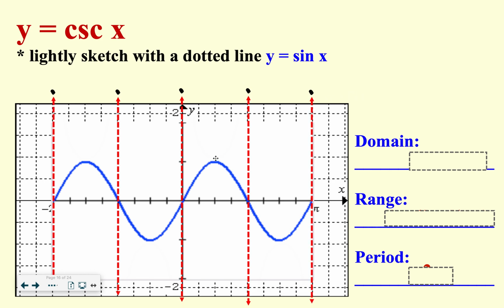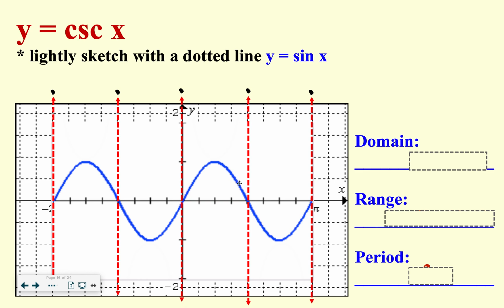Now, all you need to do is find the peaks. So all of these max and mins, if you take that and you reciprocal, well, right now it's at 1, right? Maximum at 1. If you reciprocal 1, it's still 1. If I reciprocal this minimum at -1, it's still -1. So the max and mins aren't going to change, but what's going to change is everything in between the asymptotes. So if I take this point, let's just say it's like 1/2.